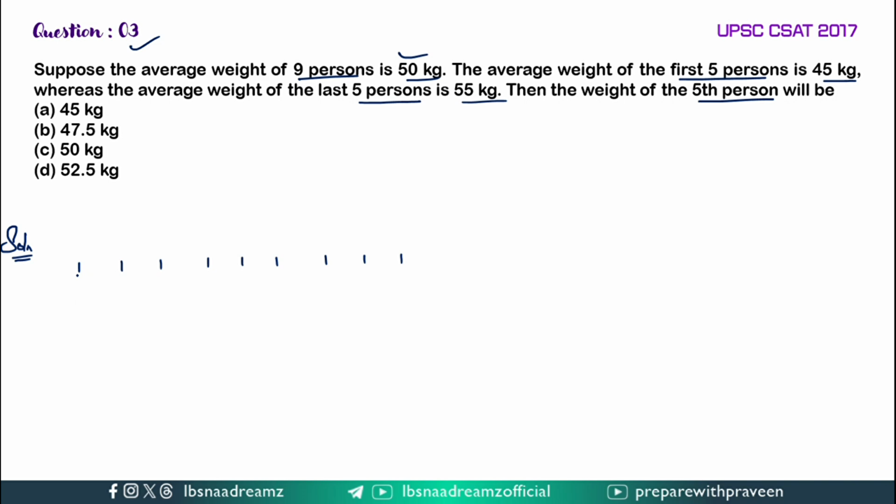Before that, let us name them as A, B, C, D, E, F, G, H and I. The average weight of the 9 persons is 50 kg.